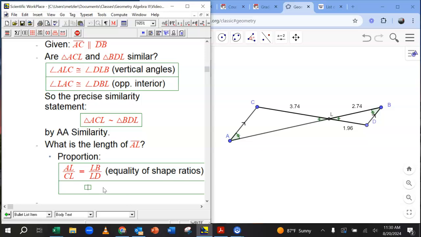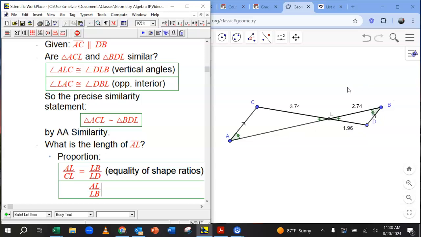But I also want to say you could also do it as AL over LB. So AL is again opposite to angle C here. That's corresponding to the LB, as we just mentioned. That's going to be a scale factor.